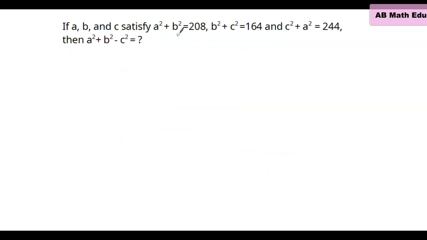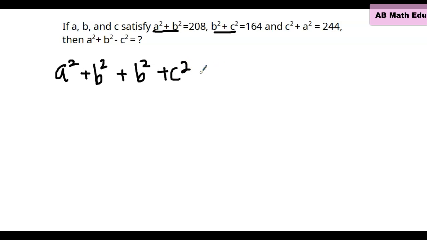First of all, let's add all of them up. We got a squared plus b squared plus another b squared here plus c squared plus this side here c squared plus a squared. Now I'm going to add up the values too.